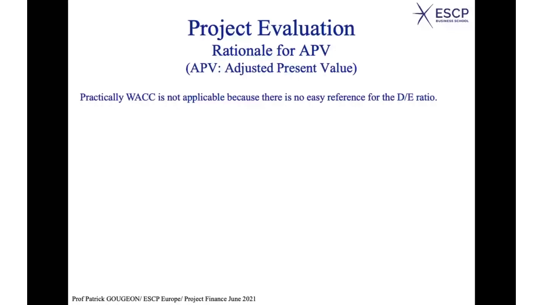And then after that, these guys get out, because once we reach the operational phase of the project, the risk is much lower, and then you have newcomers, and they fund the project with what we call no recourse debt, which is a totally different nature of debt. So not only is there a change in terms of proportion of debt and equity, but over time we also have a change in the nature of the financial structure in terms of what type of instruments are used. Okay, so the WACC is nearly impossible to apply seriously, correctly, in the case of a project.